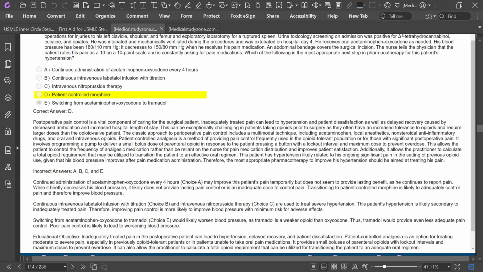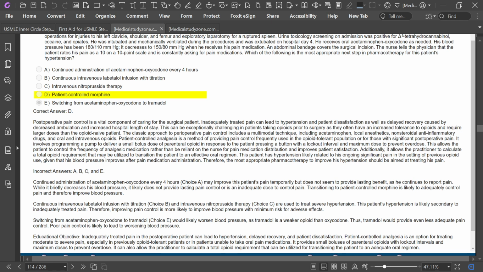This can be exceptionally challenging in patients taking opioids prior to surgery, as they often have an increased tolerance to opioids and require larger doses than the opioid-naive patient.